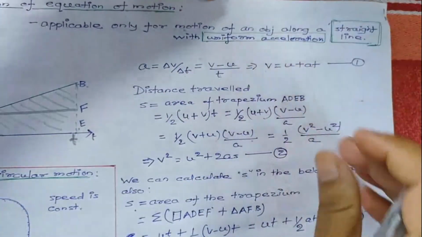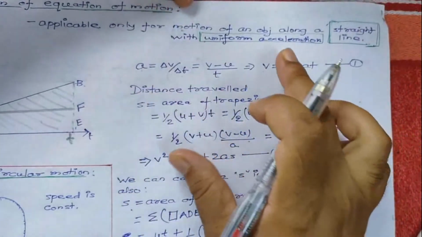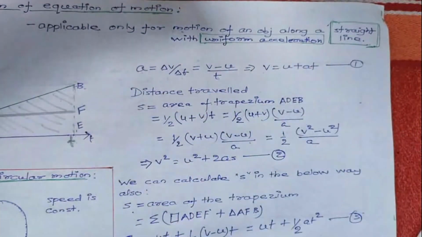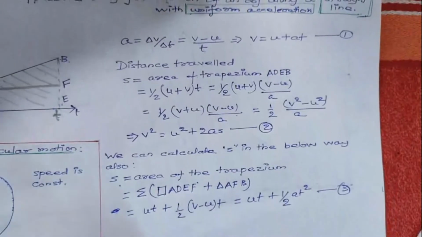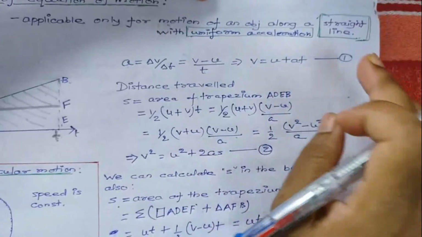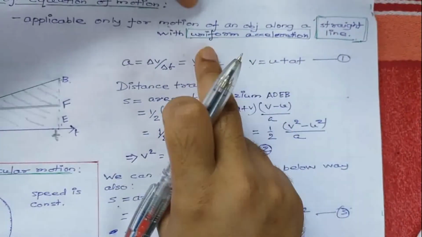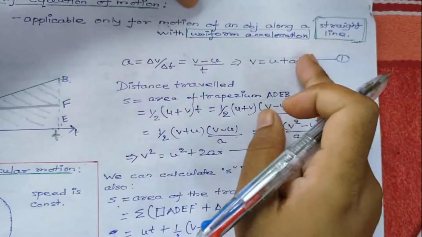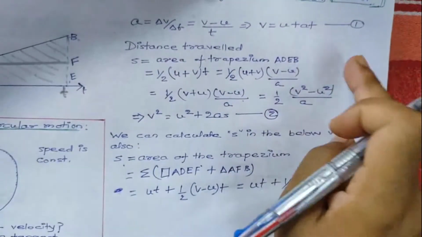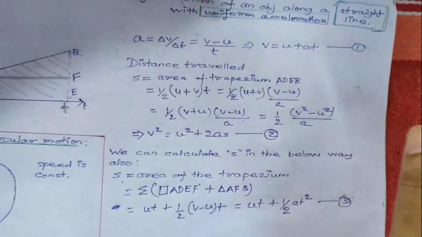Why I'm putting stress on this concept is that if you want to apply these equations for motion, just keep these two things in mind. The motion which you are considering is motion along a straight line. If you find yes, then fine. Is the acceleration constant? If you find both these things true, then only go ahead and apply these equations. Otherwise these equations will not be applicable for those types of motion.